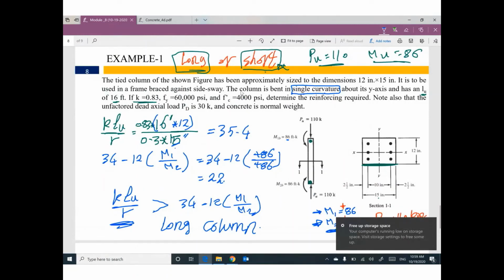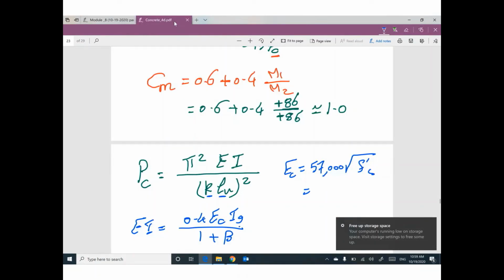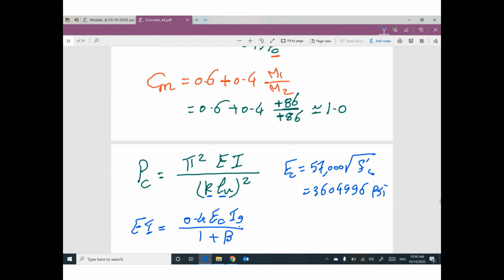So, the square root of 4,000 times 75,000, this value will be 4,749.96 psi. The I gross for this column will be 12 times 15 cubed over 12.